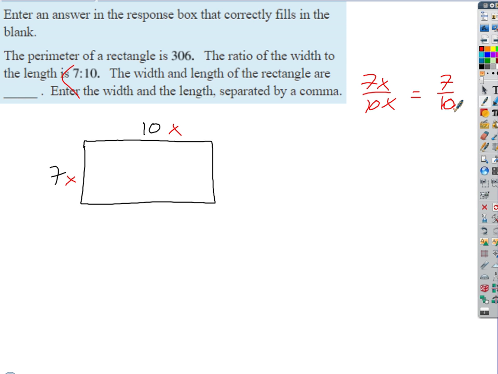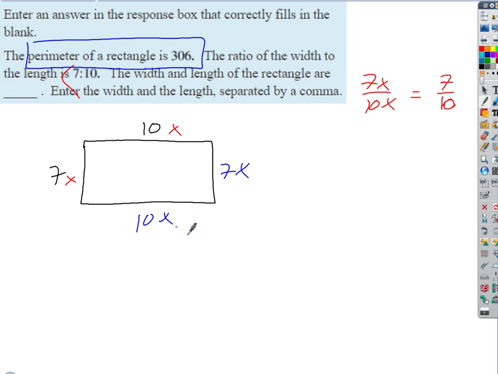What does that make the perimeter then? If I'm calling the width and the length 7x and 10x, how can I come up with an equation that says the perimeter is 306? Well, okay, so if this is 7x and that's 10x, what's this equal? 7x, because it's a rectangle, and what's this one equal to?